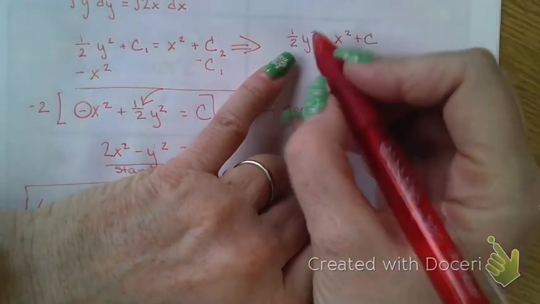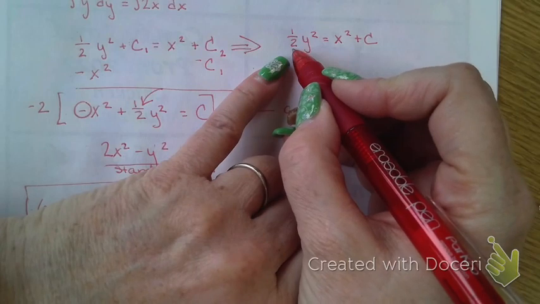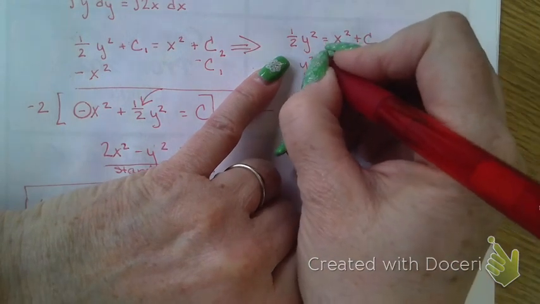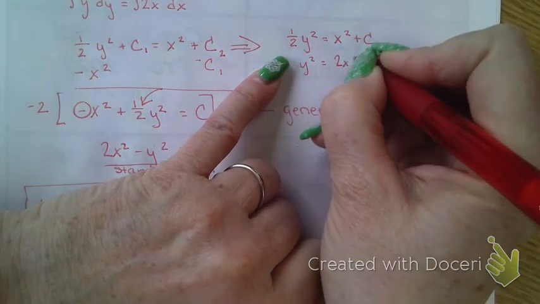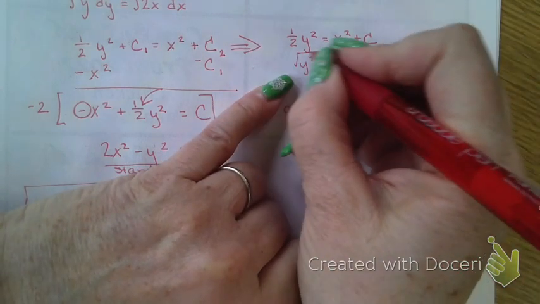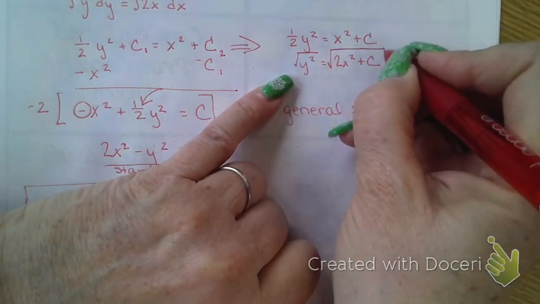I need to multiply by the reciprocal of this, don't I? So I need to multiply everything by 2. So I get y squared equals 2x squared plus C. And I need to take the square root.